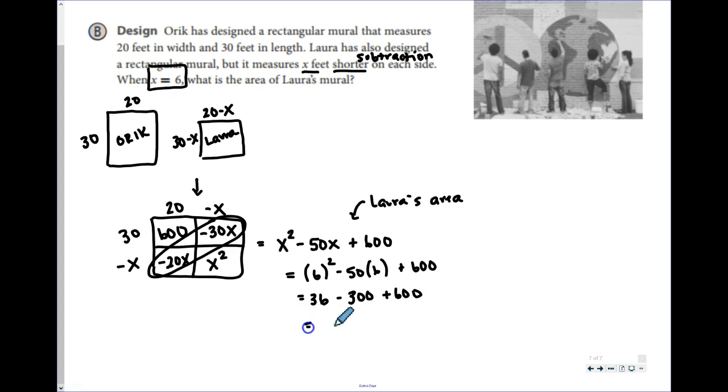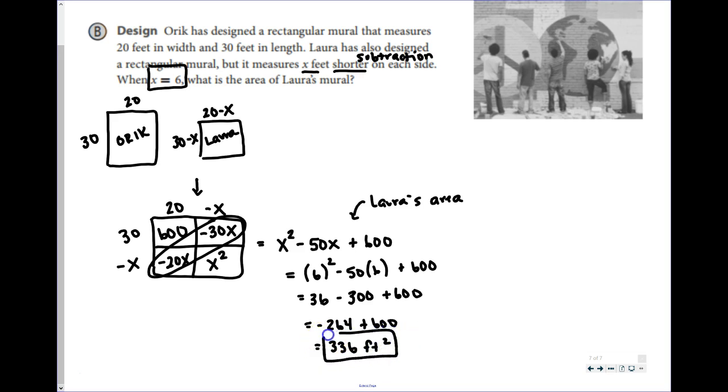Order of operations says that I have to do 36 minus 300 first. So 36 minus 300 is negative 264. And then negative 264 plus 300 is 336. And then the unit would be feet squared.